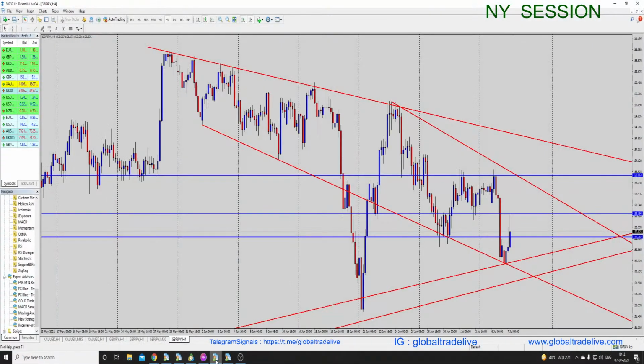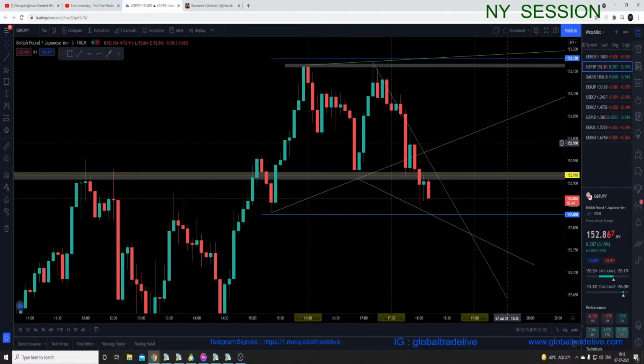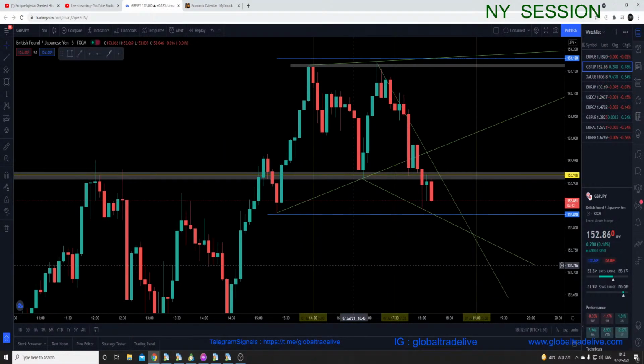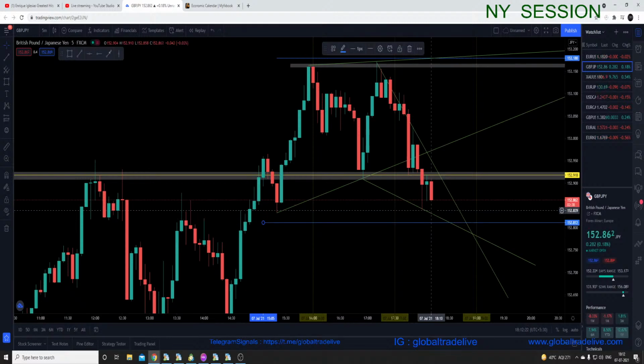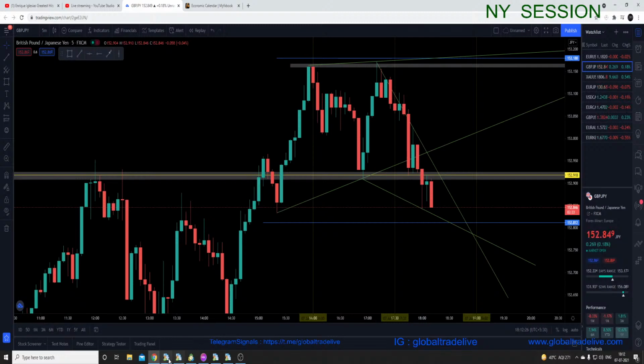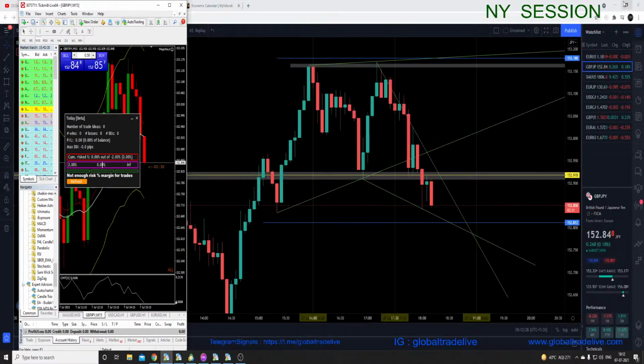Because I really think that this 4-hour candle will be retracing all the way back. So yeah, I'm gonna get ready. I think I'm gonna take a sell trade at this point. If this candle, yes, this will be a good point here. Let's get ready.